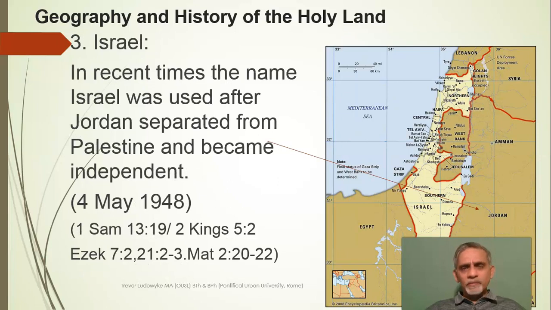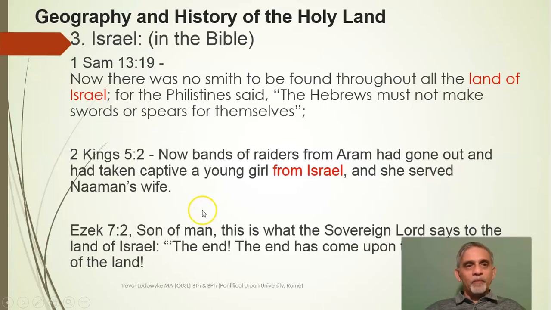In recent times, however, the name Israel was used after Jordan separated from Palestine and became independent. You see Jordan here, it's separated from Palestine, right? And it became independent. That was on the 4th of May 1948, right? And in 1 Samuel chapter 13 verse 19, we are told, now there was no smith to be found throughout all the land of Israel, for the Philistines said, the Hebrews must not make swords or spears for themselves.